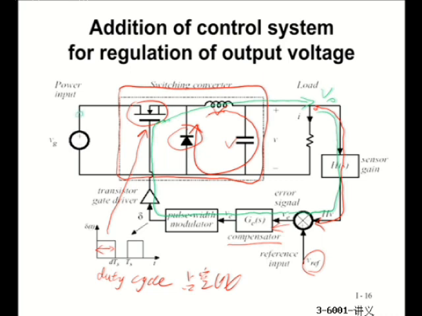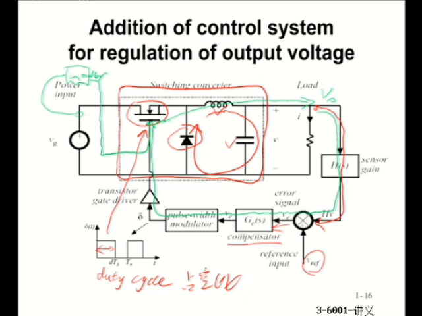Let's see, I can have a measurement circuit over here. If I have a measurement of VG, and then the output of this controller, I have another controller over here. The output of this controller is used to directly adjust the control signal of the MOSFET.